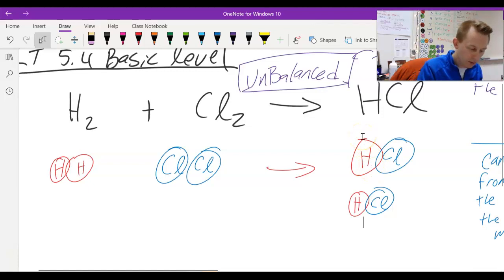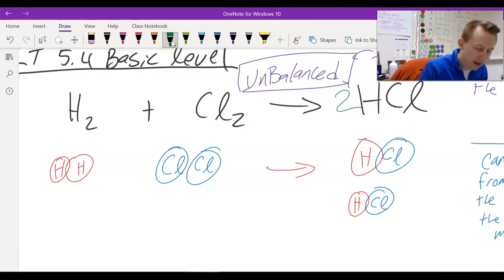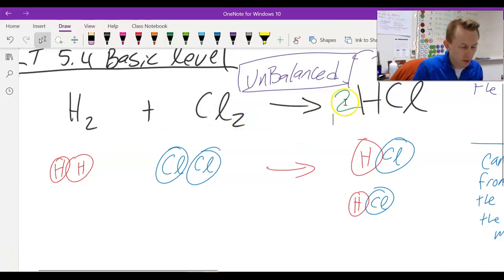Now what I have to do though is add a coefficient. I have to add this coefficient in front of the HCl to notate that now there are two HCl's. If you're not sure about the difference between subscripts and coefficients, you should go back and watch one of the earlier videos.